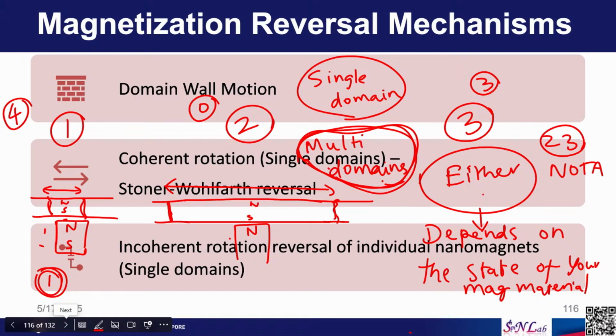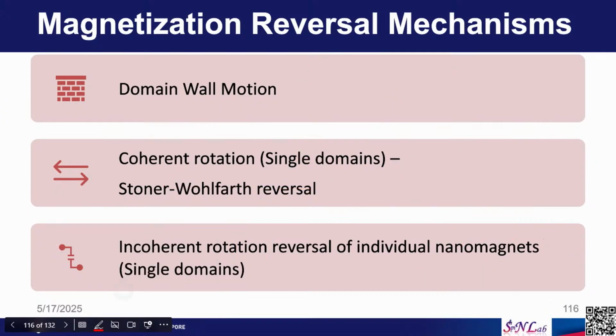This aspect of how a magnetic material responds to the applied magnetic field is called the magnetization reversal mechanism. It can happen through many possible ways.